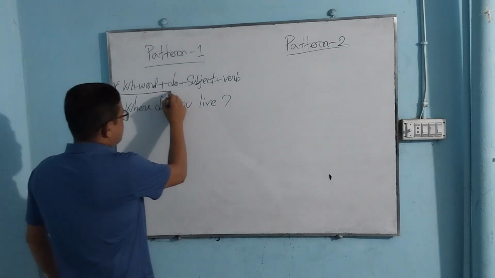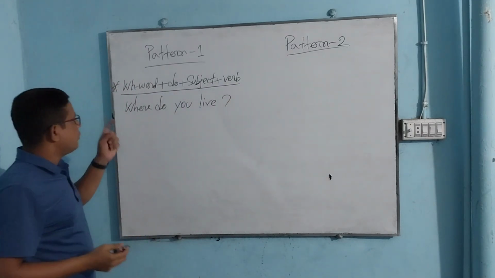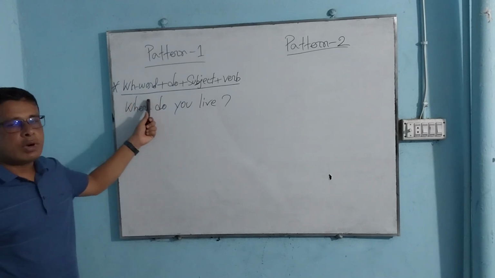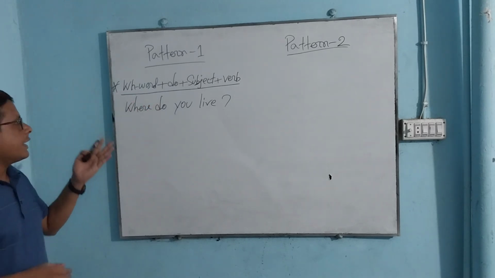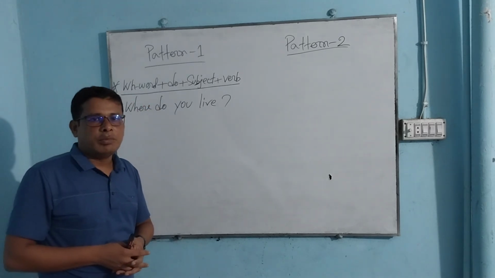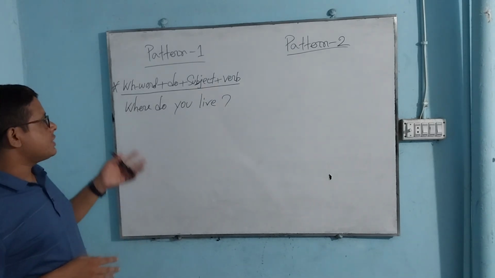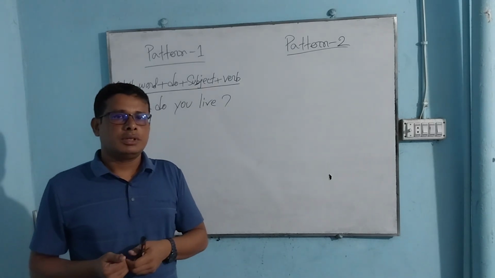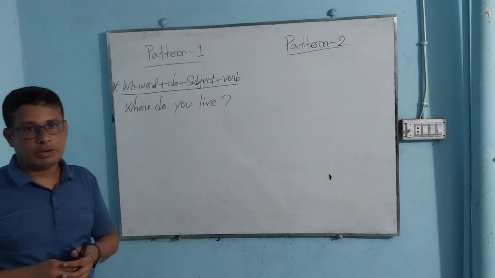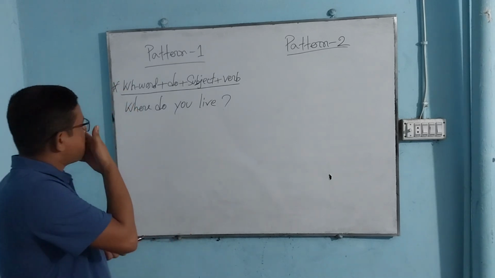We have to follow this pattern. The pattern is, first you have to use WH word, next do, next subject, and next verb. Students, mind it, this is only applicable for present simple tense. Okay, present simple tense.